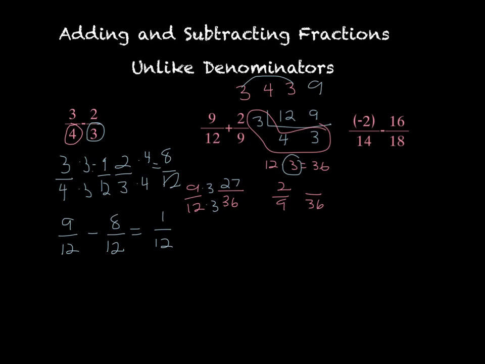So we can show this as 9 times 4. So we now know what we take times 9 to get 36 is 4. So we take that both top and bottom. So we have 27/36 plus 8/36. We keep our denominator because we're like denominators now. So that's 35/36.